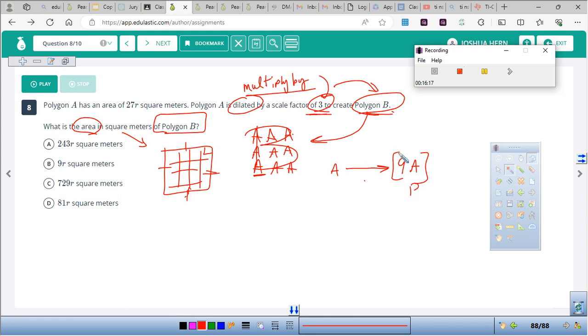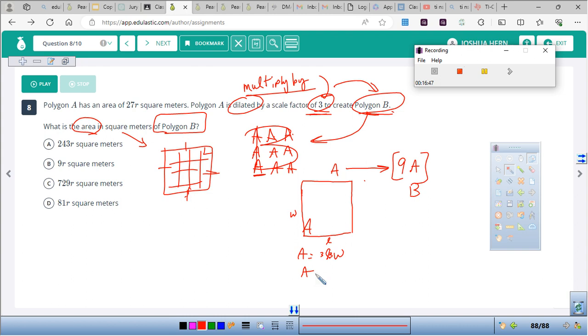So let me explain to you mathematically with numbers now. If you have an area of A, and you're going to make it bigger, dilated, let's get the area. We have length times width, and we're going to make it 3 times bigger. So they're basically going 3 lengths and 3 widths.